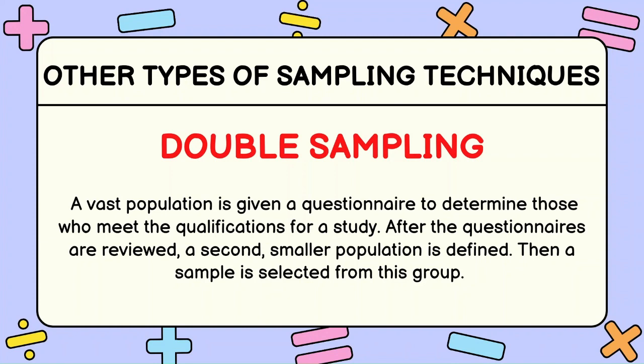After the researcher weighs all those responses from the questionnaires, another smaller population is defined after gathering the first response from that first giving of questionnaire.